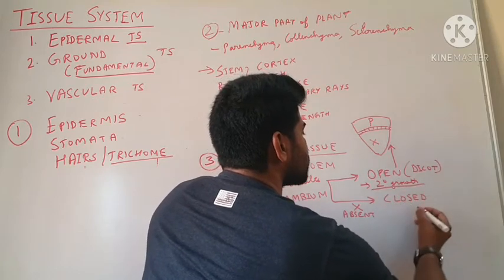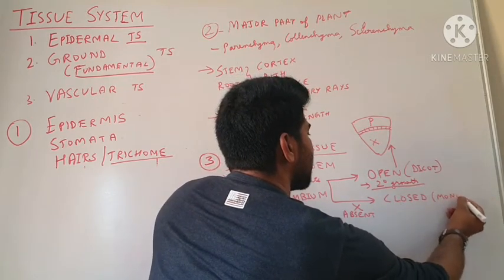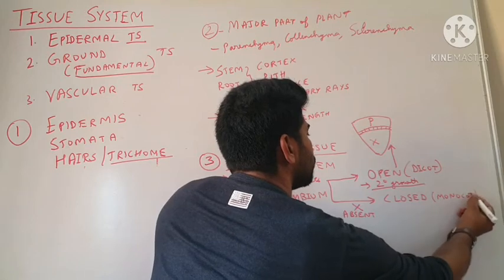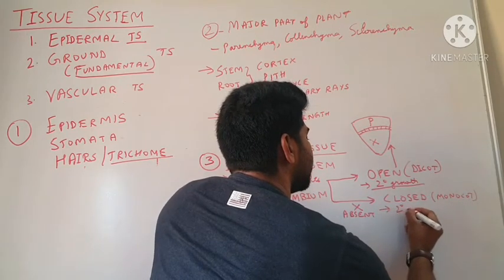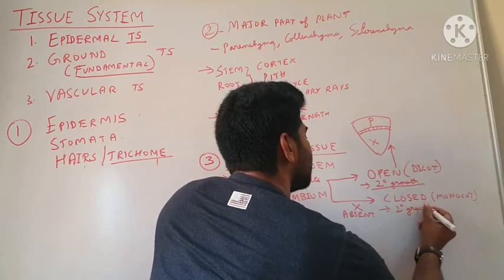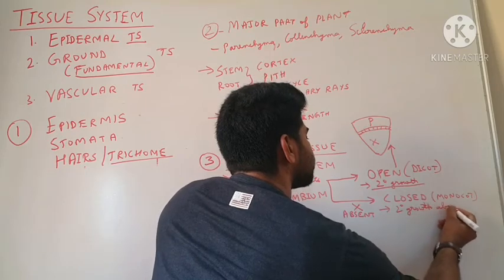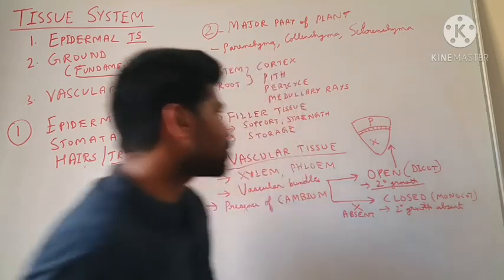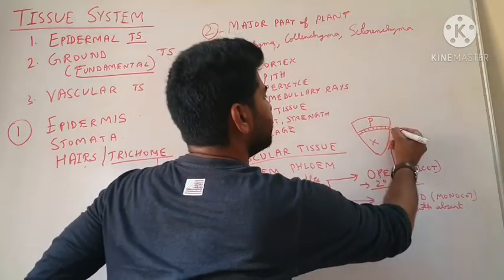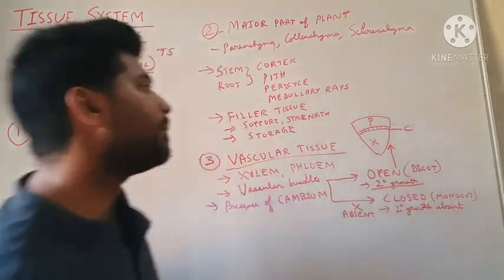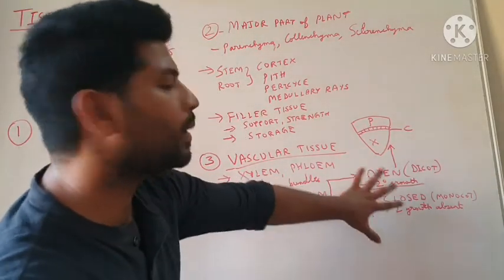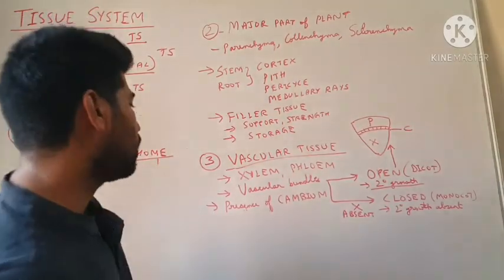Whereas in closed vascular bundle, which is mostly seen in grasses, that is in the monocots, the secondary growth is completely absent. So based on the presence or absence of cambium, vascular bundles could be open or closed.